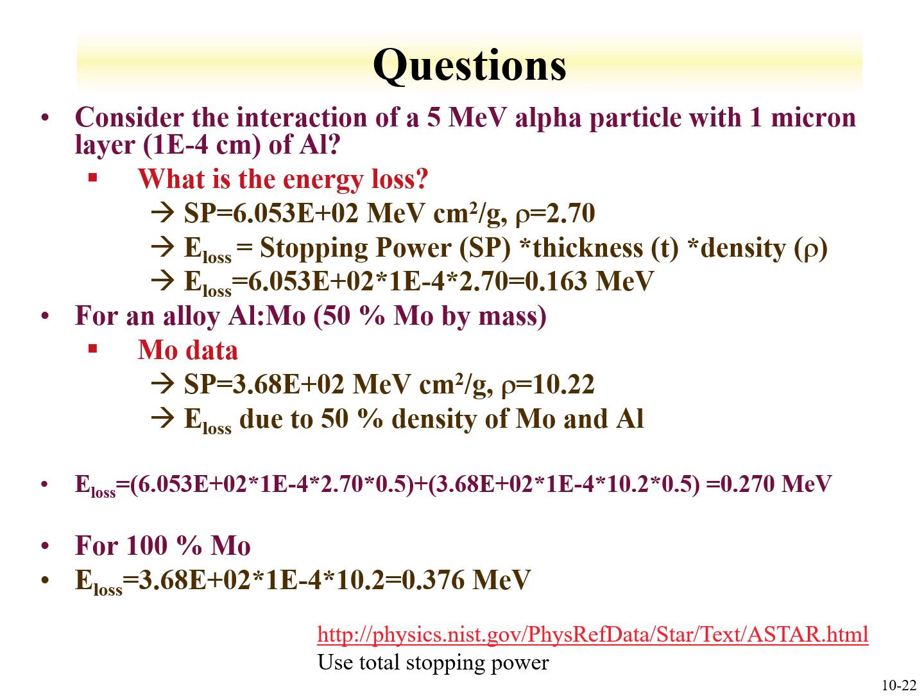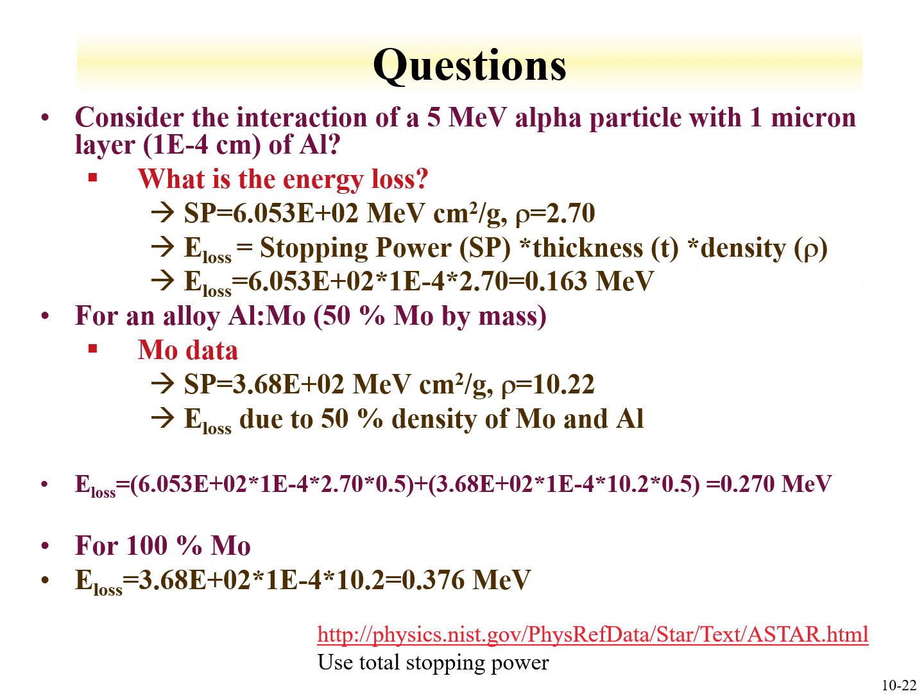So, for example, consider the interaction of a 5 MeV alpha particle with a 1 micron layer of aluminum. Again, we want to utilize the equation to determine the energy loss. The energy loss is stopping power times the thickness times the density.